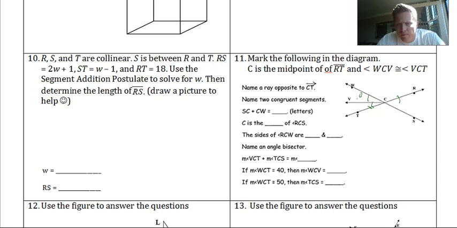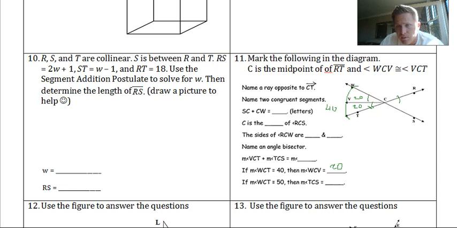So the full thing that we have right here, WCT, this whole thing is 40, and we are asked, well, what is WCV? What is this? Remember, they are congruent, they're the same. So if this is 20, that one needs to be 20 right there. They need to be the same. So we say that would be 20 degrees.